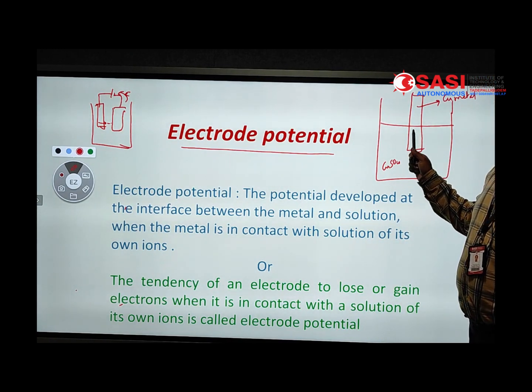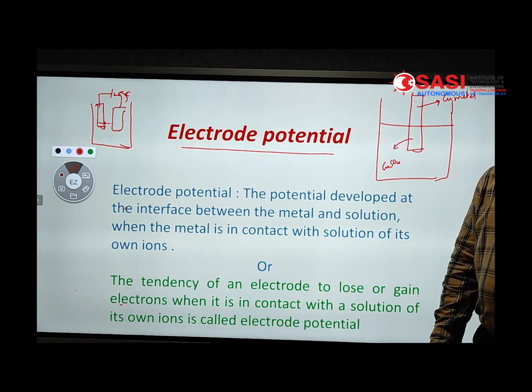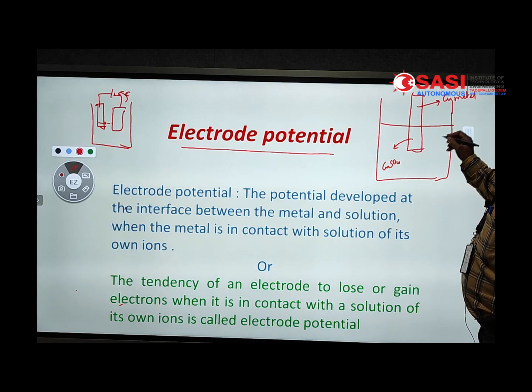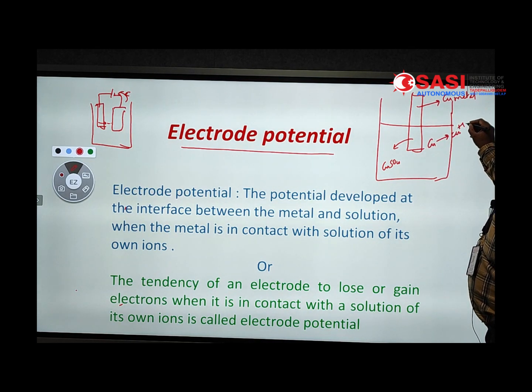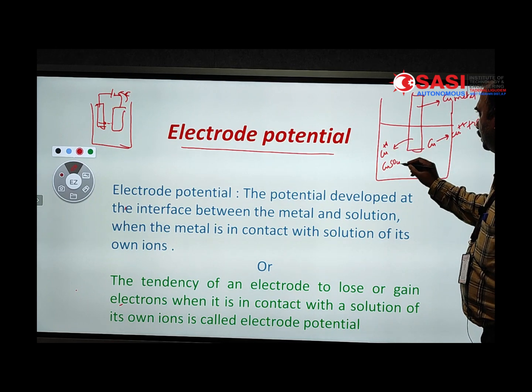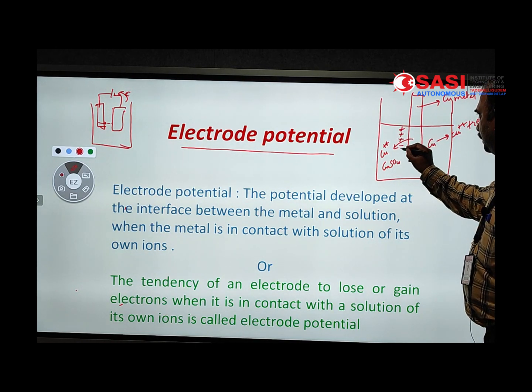The copper present in the metal will start ionizing and enter the solution. Some copper will undergo oxidation like this: Cu gives Cu2+ plus 2 electrons. This Cu2+ enters the solution, and hence we get a positive charge in the solution.